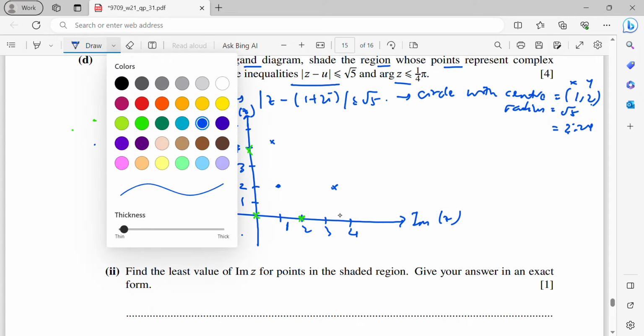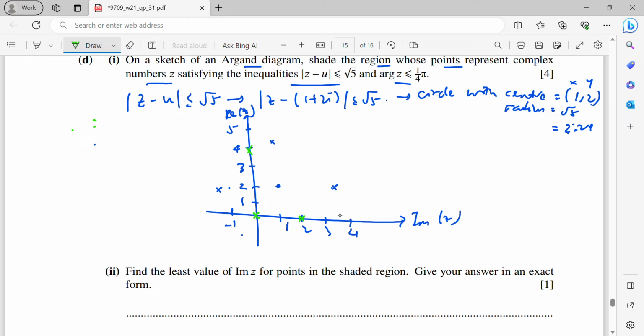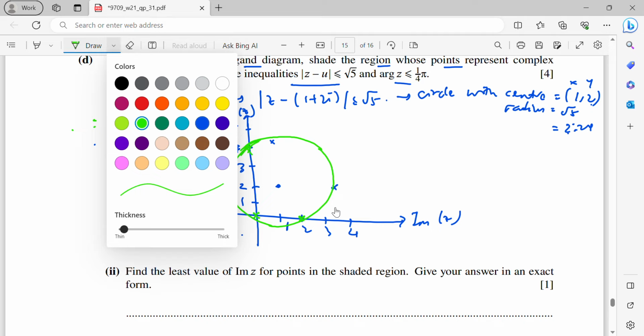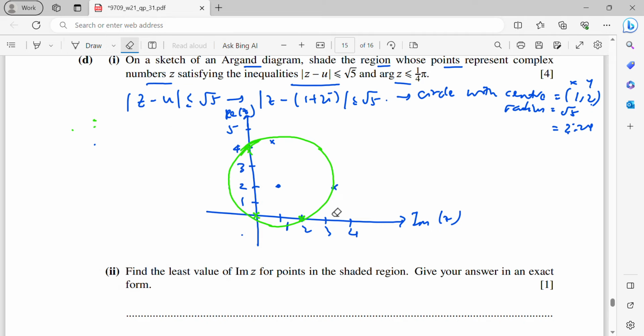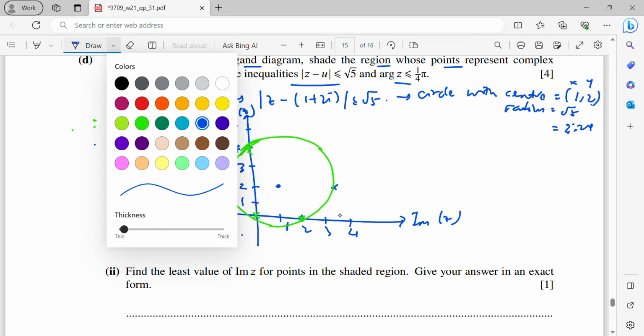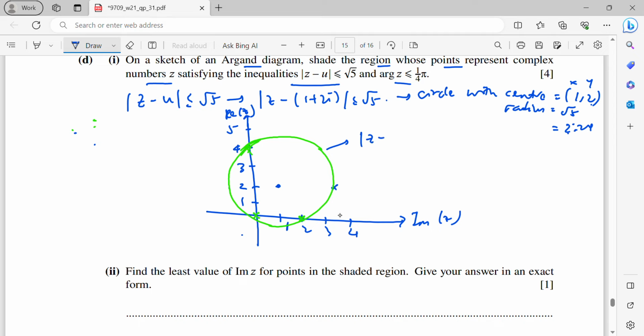It means that the circle should be touching all these points. Right, so here I only simply sketch. It's not correct, it's not according to the scale because I also didn't measure it. So it will be something like this. Alright, so that is modulus of z minus 1 plus 2i equals square root 5.